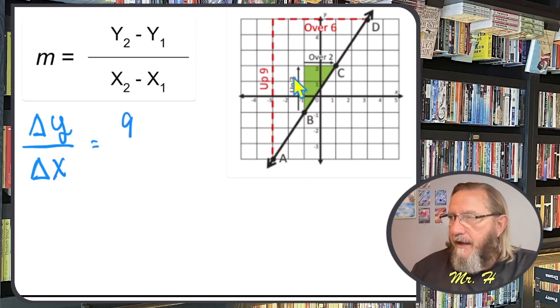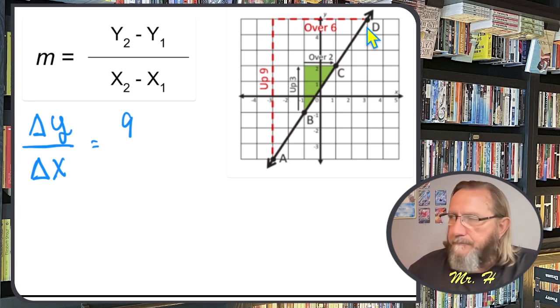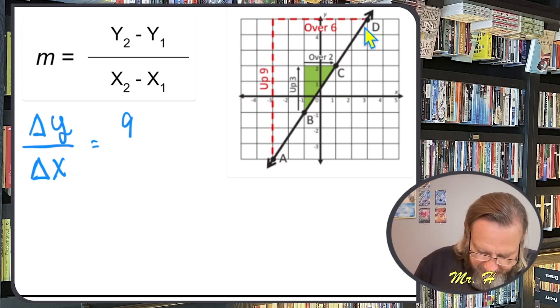Now what about the x values? The x value here is at negative 3. This x value over here is positive 3. So that means we went over 6. 1, 2, 3, 4, 5, 6. Count it, subtract it, however you want to calculate that. So the change of x is going to be 6.